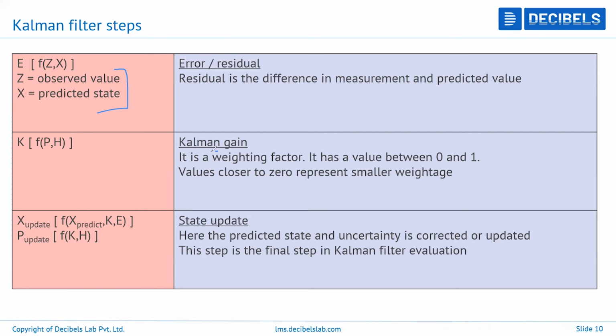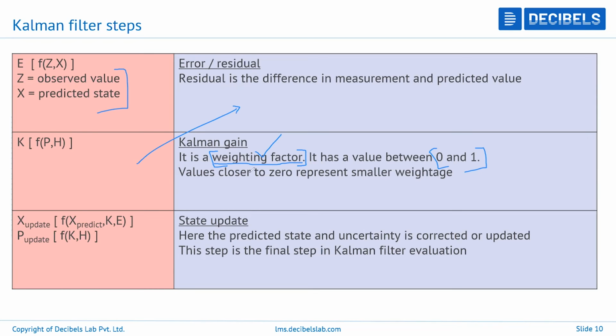The most important thing to note here is that the Kalman filter is a statistical approach. So it requires you to provide a certain weighting factor. And that weighting factor is nothing but the Kalman gain. It has a value between 0 and 1. The concept here is very simple. It is basically a preference you're providing, whether you want to give more or less weightage to the error that is estimated here.